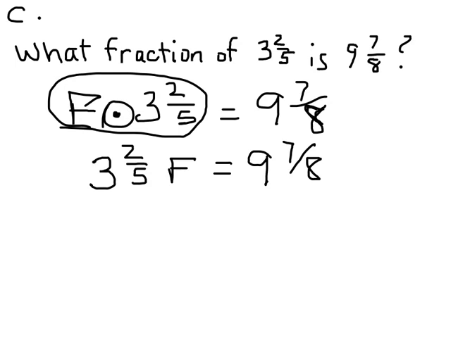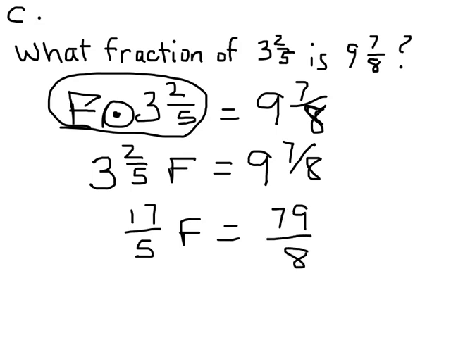Alright, so then we just go ahead and solve like we have been. 17 over 5 f equals, let's see, 8 times 9 is 72, 79 over 8. Invert this one and multiply. And cross cancel.